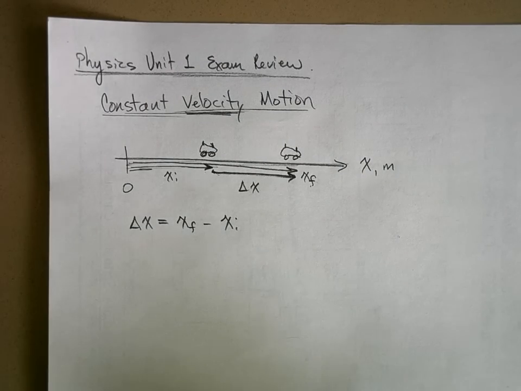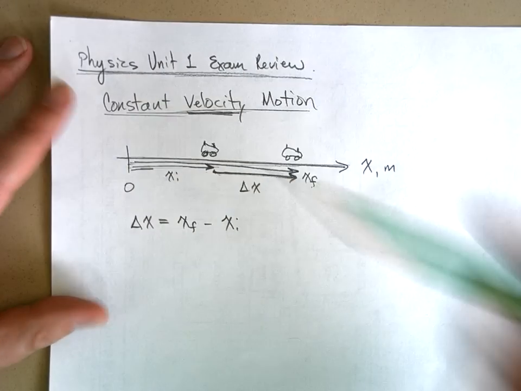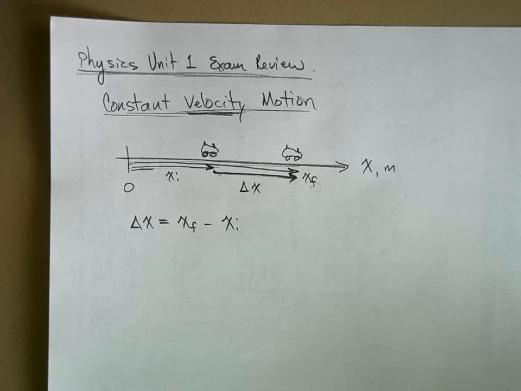And of course, delta x could be negative. If the object was moving in this direction over time, your final position minus your initial position would give you a negative value, and that negative value is cool, right? You can have a delta x that's negative. It just means it's moving to the left instead of to the right.